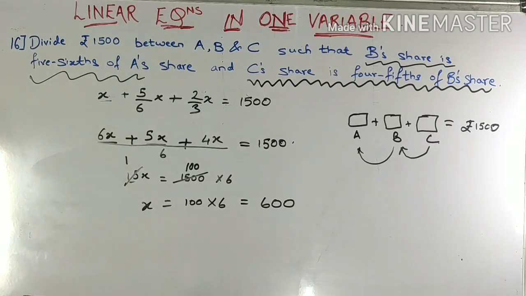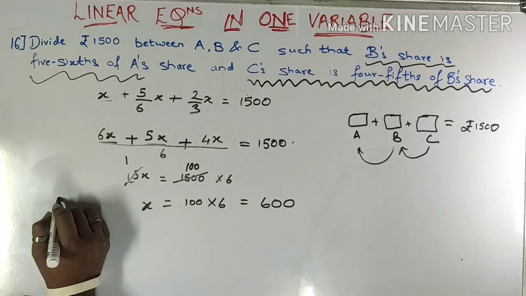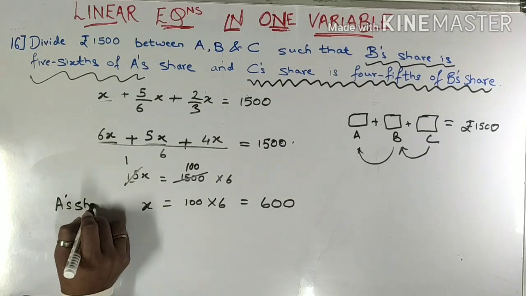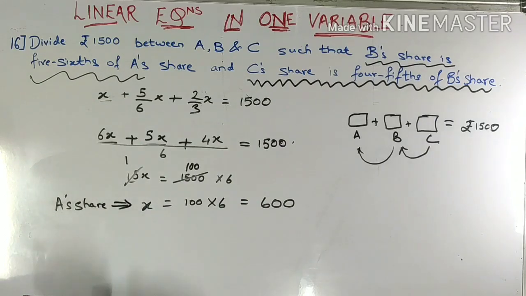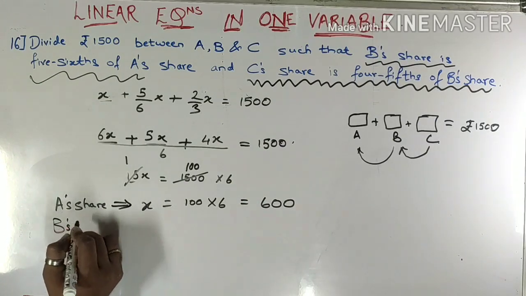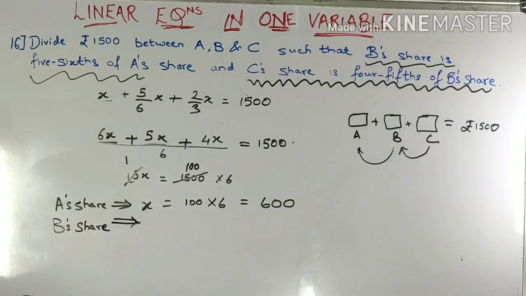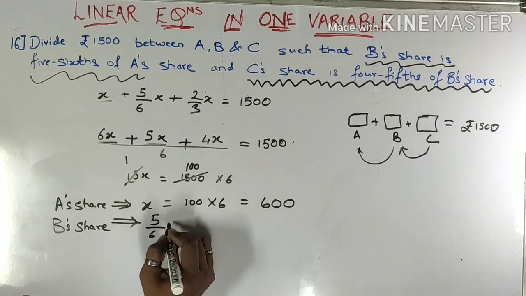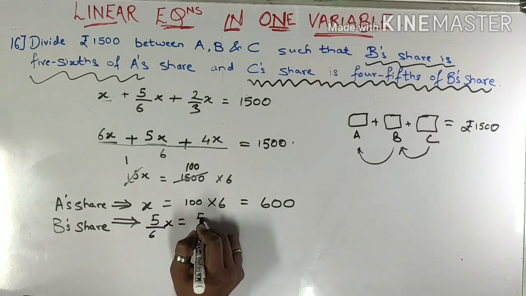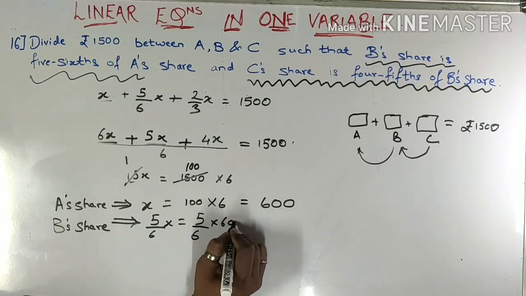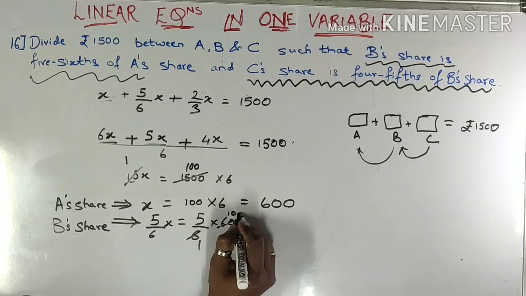So x is equal to 600. That is A's share. What was B's share? B's share was 5 by 6th of x, that is 5 by 6 into 600. 6 ones are 600.